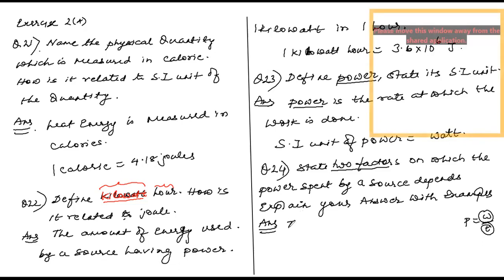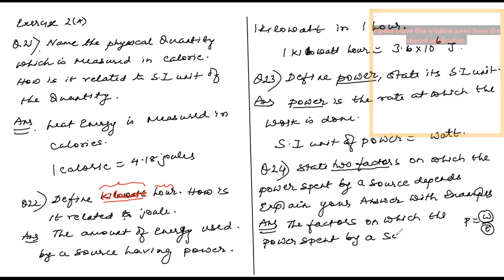So simply, the factors on which the power spent by a source depends are the work done by the source.